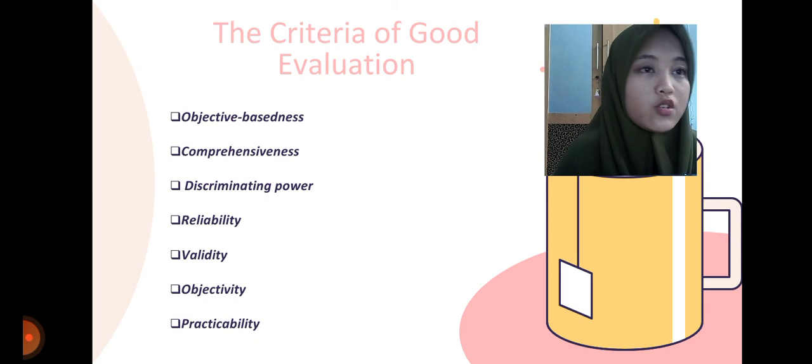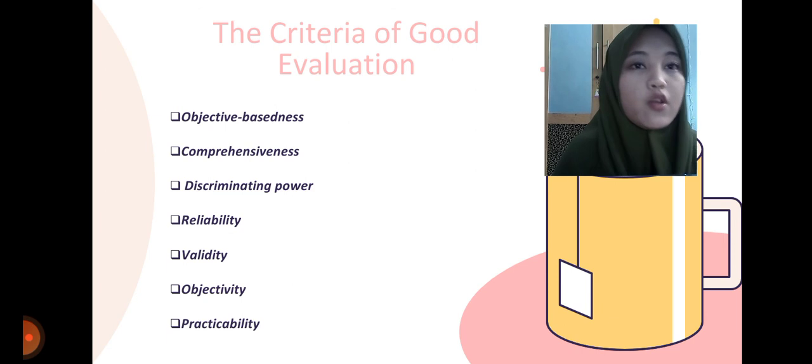Hence, while constructing a tool for evaluation, the discriminating power has to be taken care of. This may be at 2 levels: first, for the task as a whole, and then for each item included.